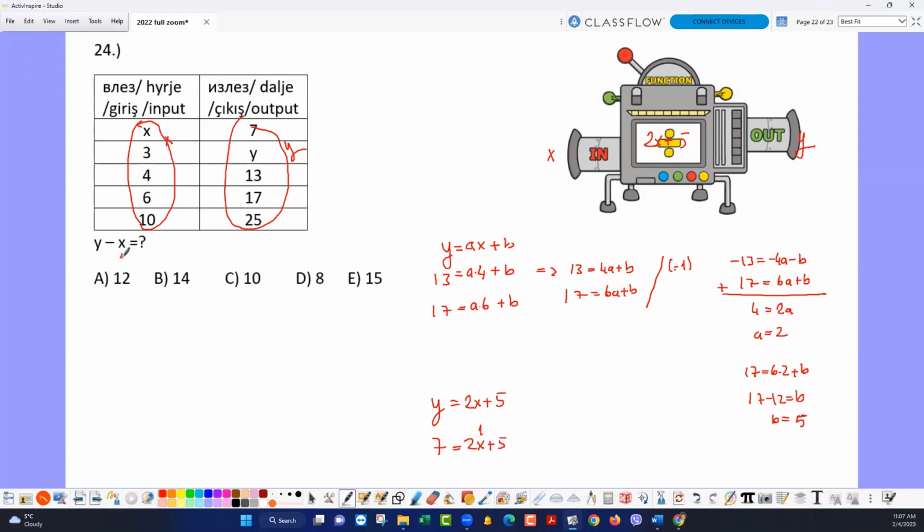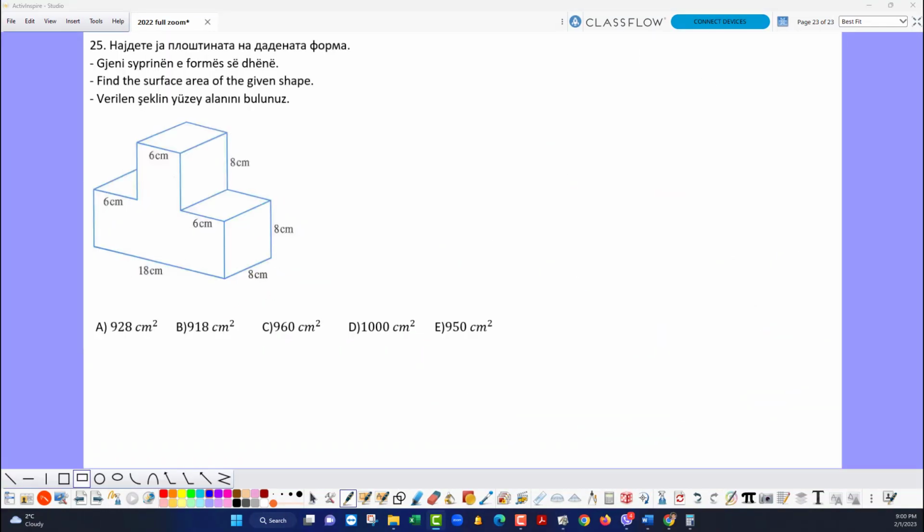And in the second one, y is equal to 2 times 3 plus 5, when x is equal to 3, what is the y value? Y is becoming 11. So the question is not asking for x and y, it's asking for y minus x, which is 11 minus 1. That's going to be 10. Okay.